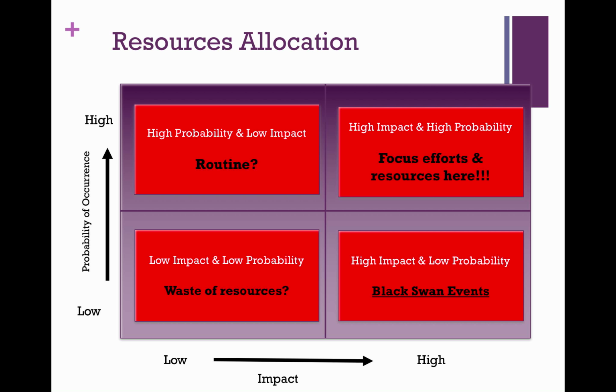Okay, so quickly, as you can see, those 4 lines create 4 quadrants, and I just want to show you where you want to focus your efforts. Clearly the high impact, high probability ones. That's where you want to focus your efforts and resources. And that would apply to planning for a given disaster scenario, or where you're going to invest money in equipment, for example, communications or something like that for a given scenario.